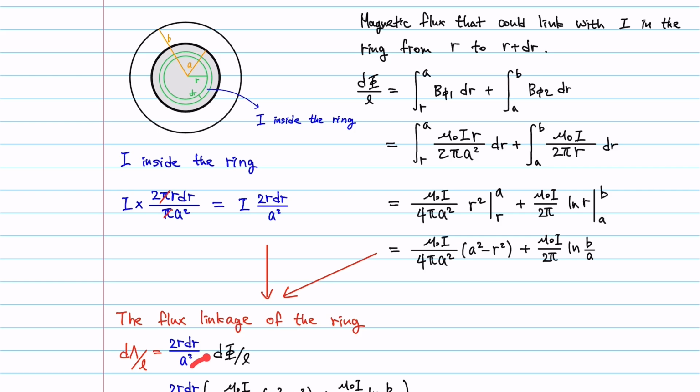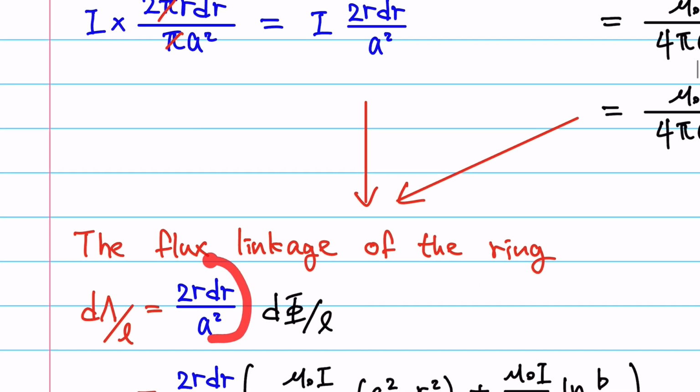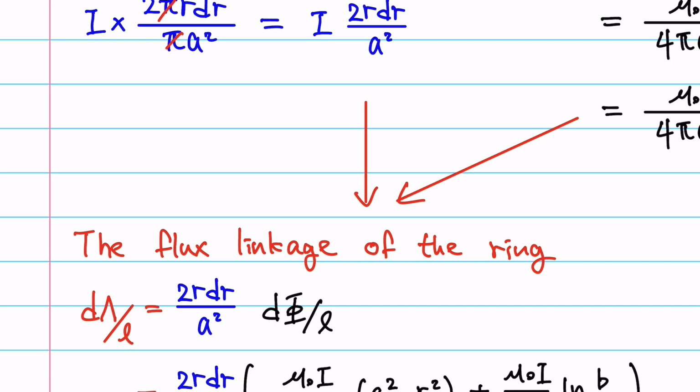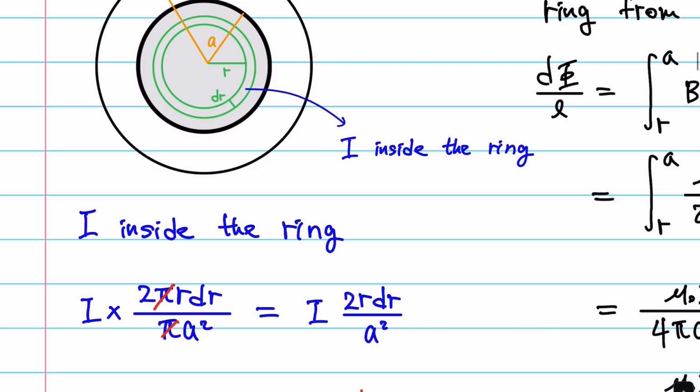You can multiply the ratio of the current, because this is basically the number of turns. Before, we multiplied the number of turns with the flux to get the flux linkage. But in this case, there is only one turn, because this is a single conductor.